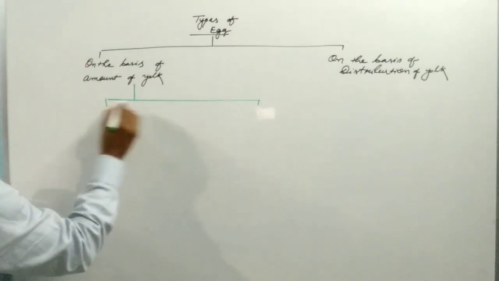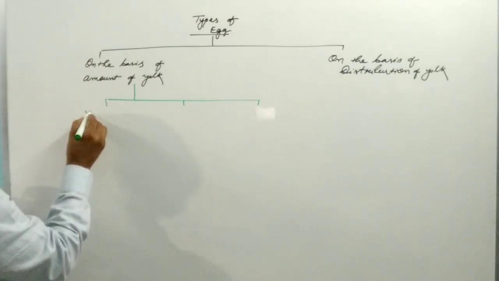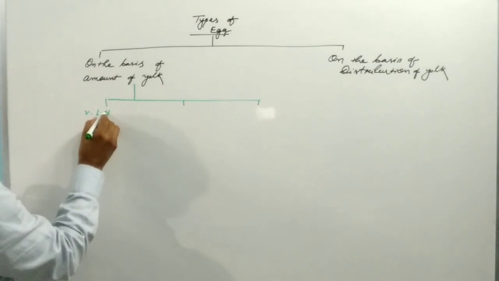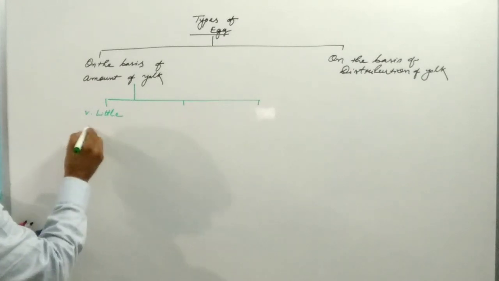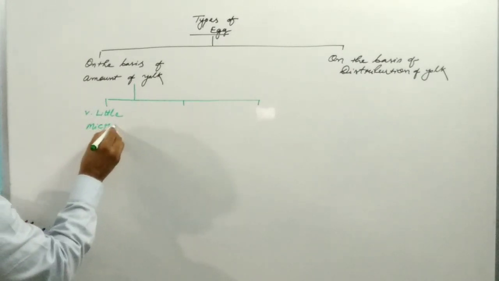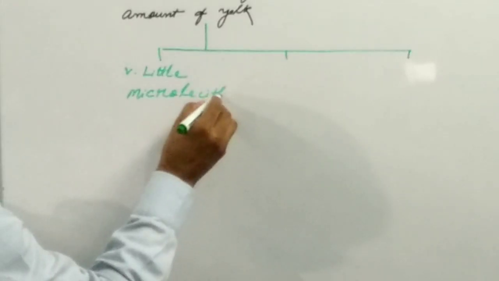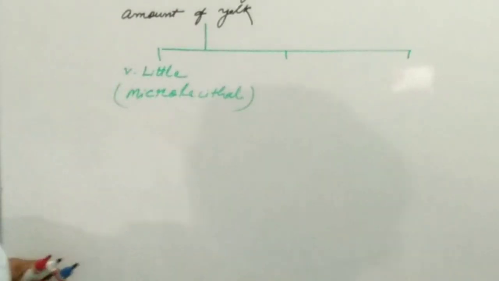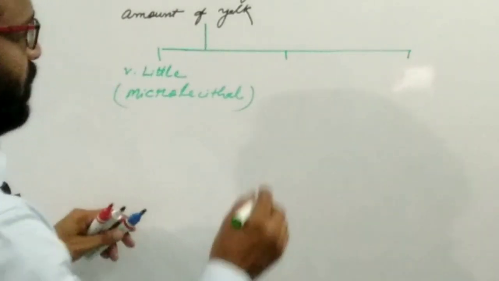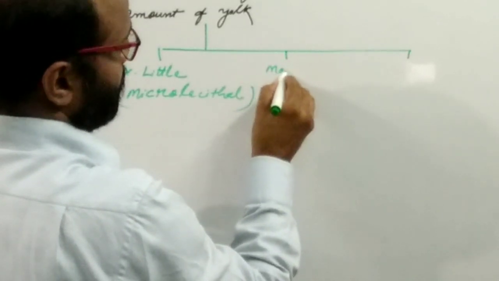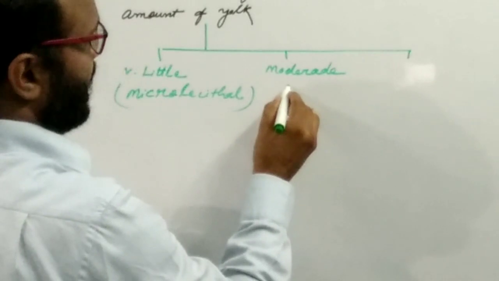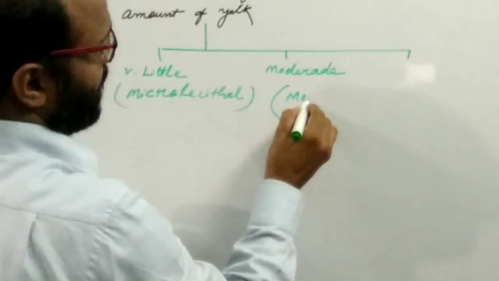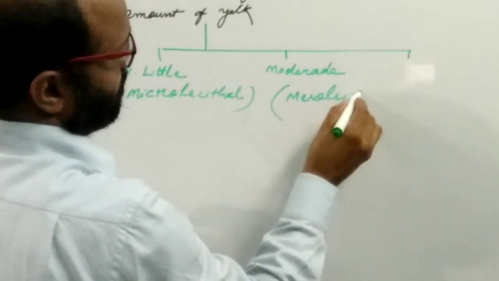On the basis of amount of yolk, the eggs are of three types. If a very little amount of yolk is present, then the egg is known as microlecithal. If a moderate amount of yolk is present, then the egg is known as mesolecithal.